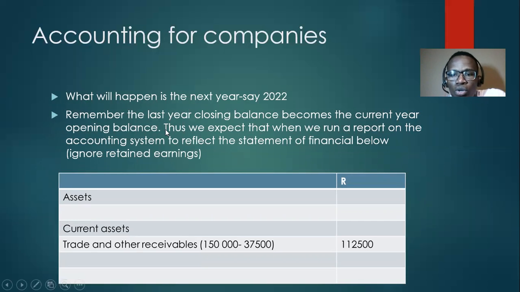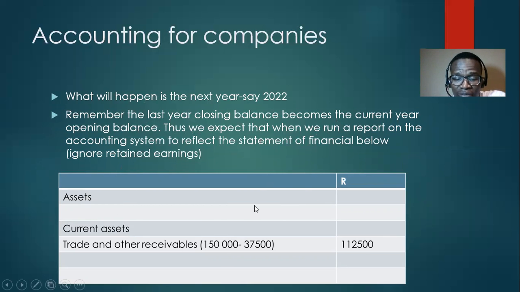And remember in accounting, last year's closing balance becomes this year's opening balance, right? So we expect that when we run a report on the accounting system to reflect the statement of financial position as below, we can ignore the retained earnings, etc.